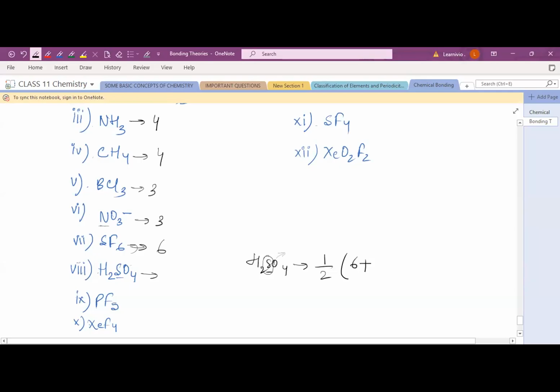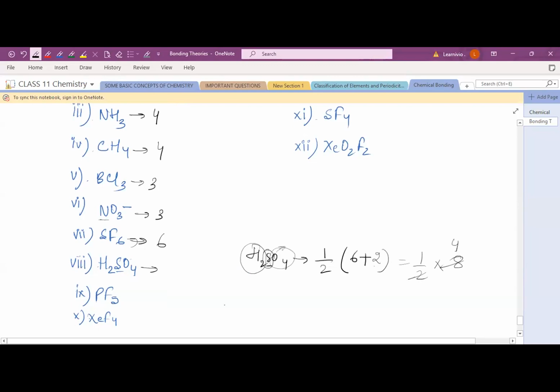Oxygen is not monovalent, it's divalent, so we will not consider it. We will consider only 2 hydrogens, so you will add 2. So 1 upon 2 multiplied by 8. So you will get 4.